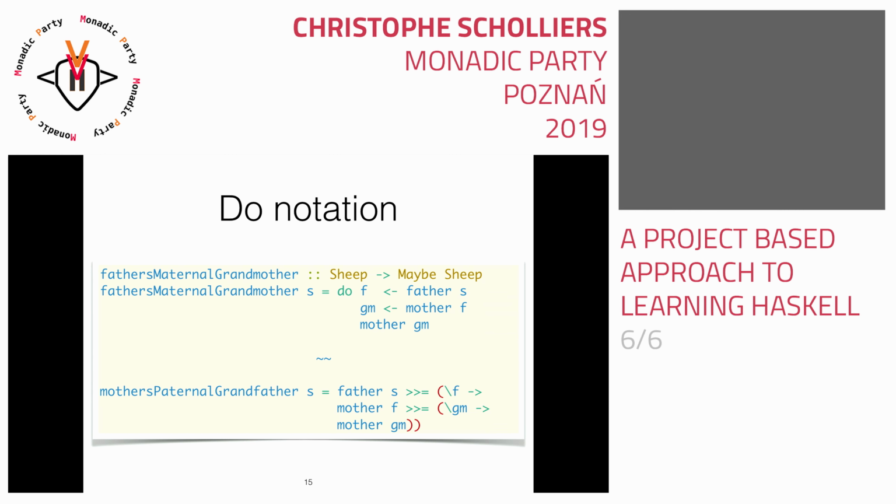And then from a sheep, we can take the mother, and that's going to again return a Maybe Sheep, and that's going to be taken out again. So then we get a grandmother, and then what we return here at the end is the mother of the grandmother. This is going to be a Maybe Sheep, and that's also what we want to return.